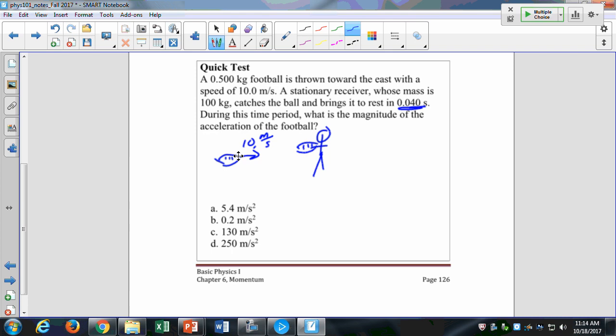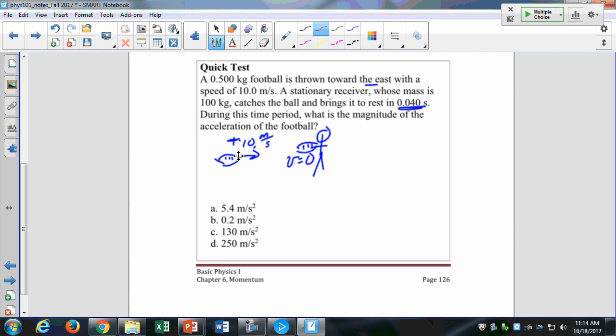So it initially has a speed of 10 meters per second. It's thrown to the east, which is positive 10 meters per second. And here, the speed is equal to 0. So his initial speed is 10, his final speed is 0. And then I want to know the magnitude of the acceleration.